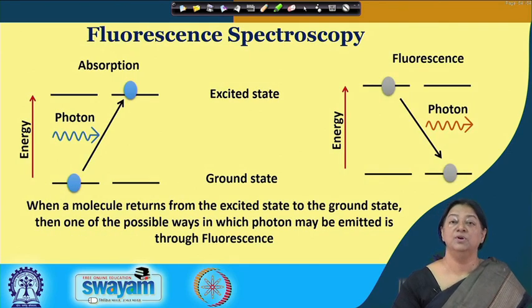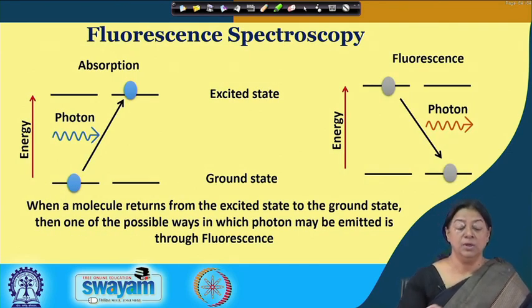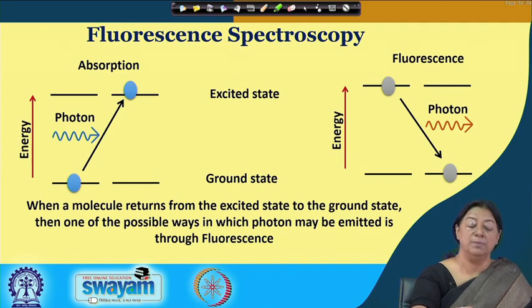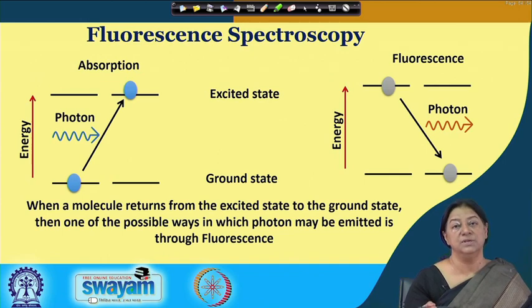Now, when we come to fluorescence spectroscopy, so far we have been talking about absorbance of light. Light is absorbed. Now, when light is absorbed and the molecule is in the excited state, it is going to lose this energy. How does it lose its energy? We can have the loss in energy either by a non-radiative path or a radiative path. If it is a radiative path, it means it emits light.